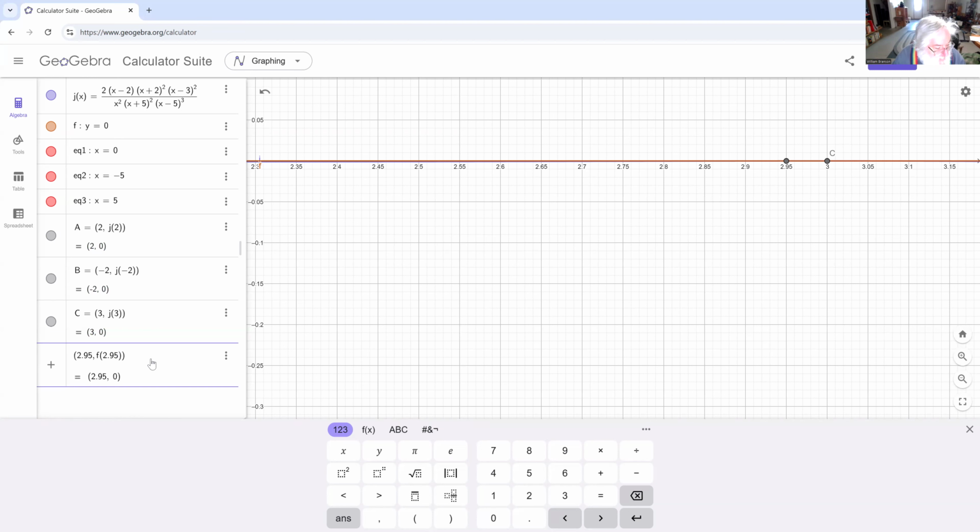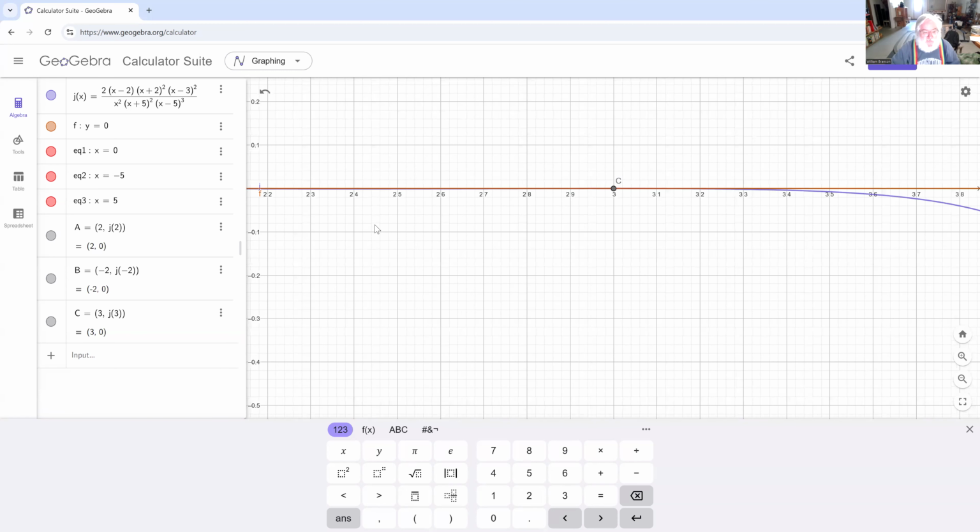It's too close. 2.5 comma f of 2.5. Wow, that gave me 0 as well. That's a little weird. It's very small there.